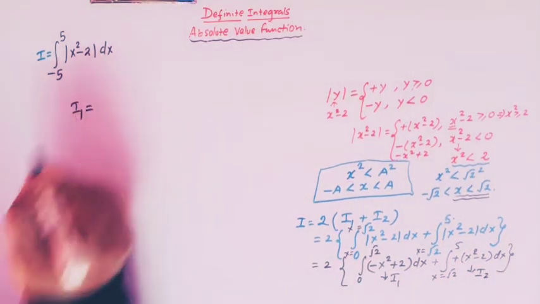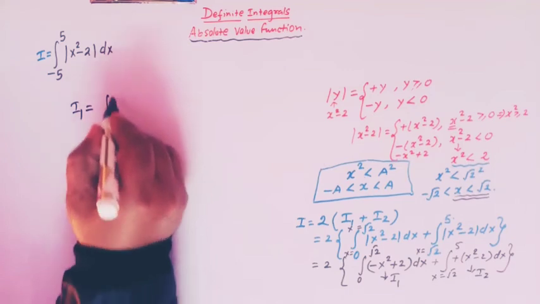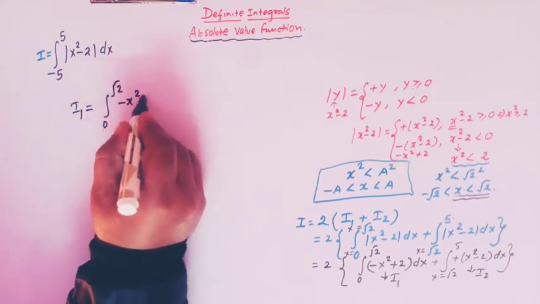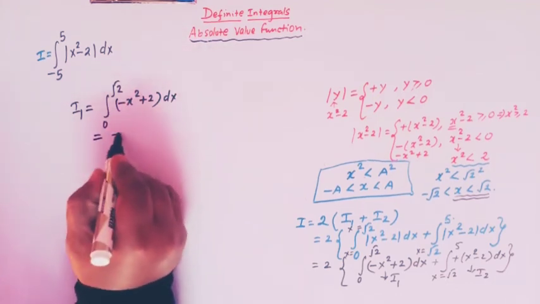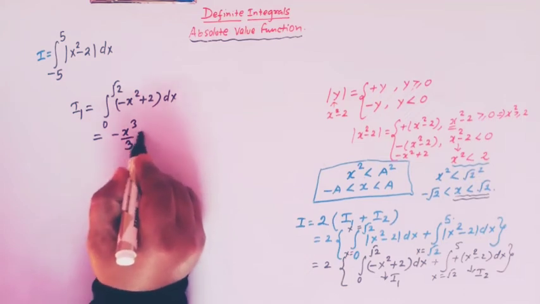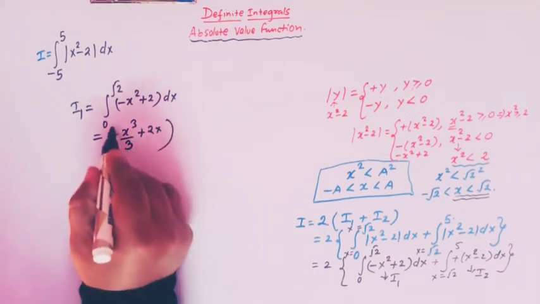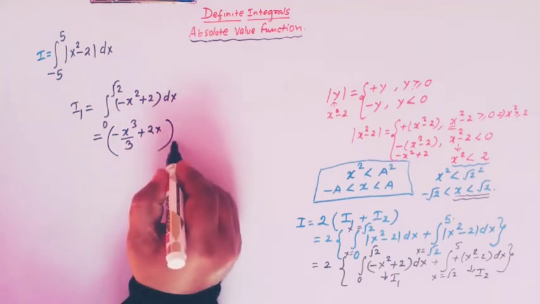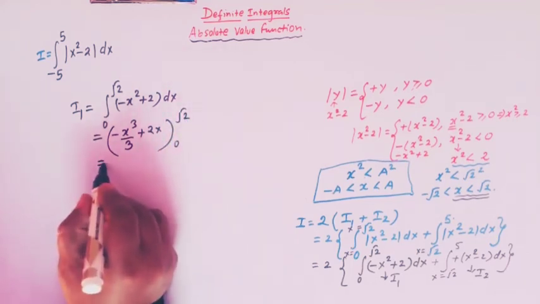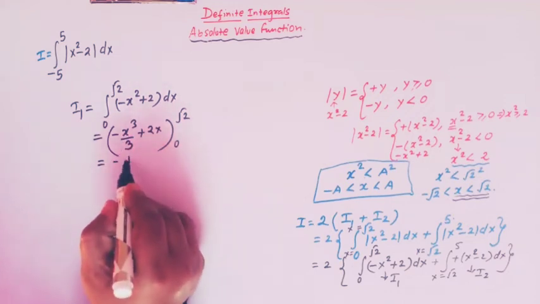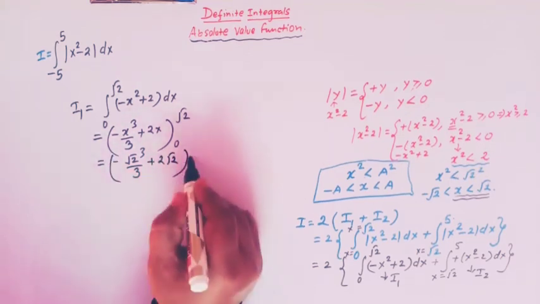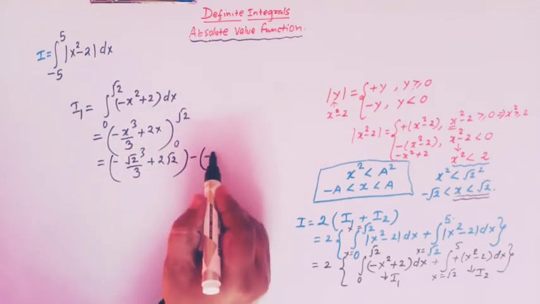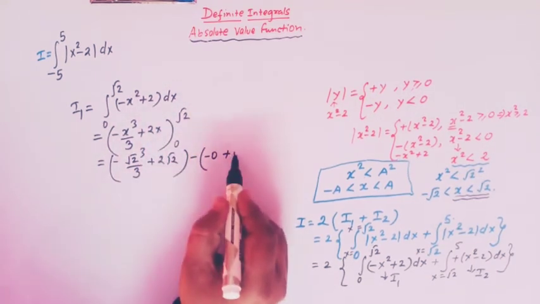So I1 is now the integral from 0 to root 2 of minus x square plus 2 dx, right? Now the integral of x square is x cube over 3, and the integral of 2 dx is 2x, and the limits are from 0 to root 2. Now substituting the limits, we have minus root 2 cube over 3 plus 2 root 2, and then minus, here 0 cube is 0, and 2 times 0 is 0, right?